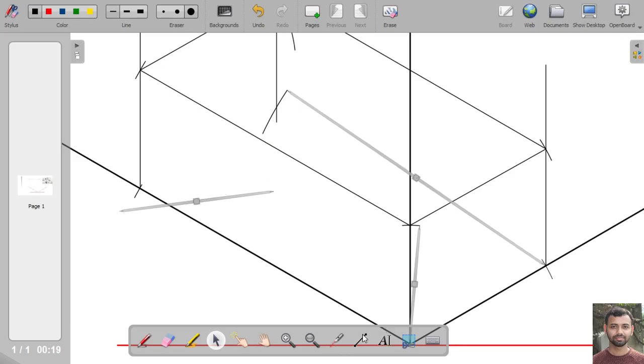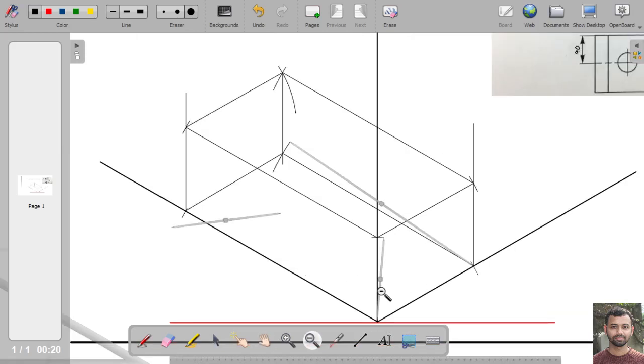Okay, so now we will connect this point and this one, and this point and this one. Okay, now the next step. So all the isometric axes we have drawn.